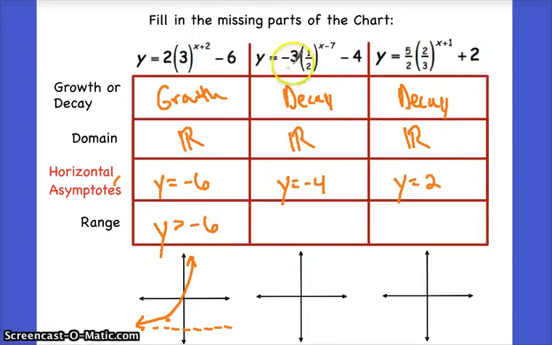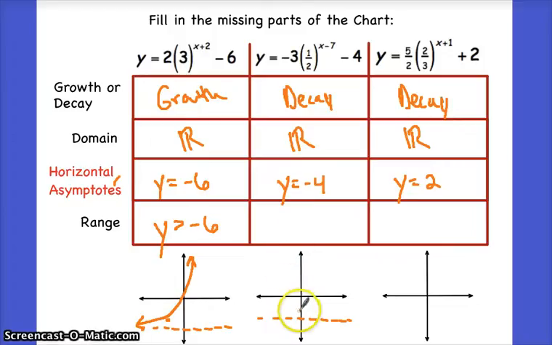Now this next function, notice, has a -3 out in front of it. So although we are going to be down 4 units for the horizontal asymptote, we are going to be shifted right 7 units. We're also going to be upside down. So when you plugged in a number like 0 initially, without the -7 and -4, we would have gotten -3.